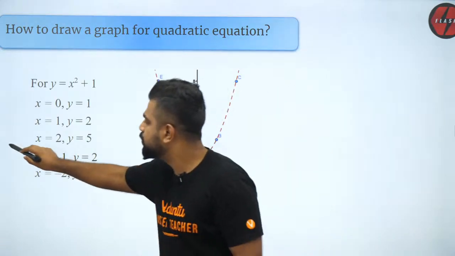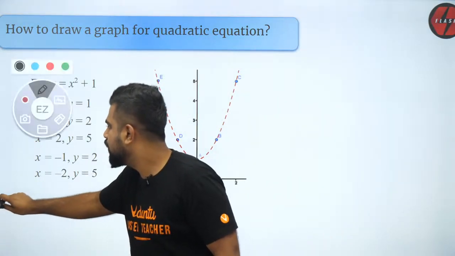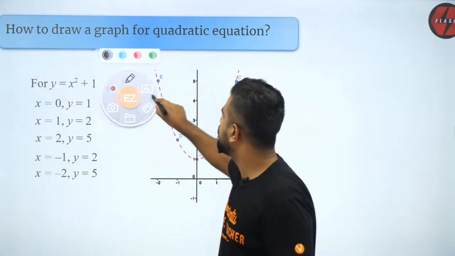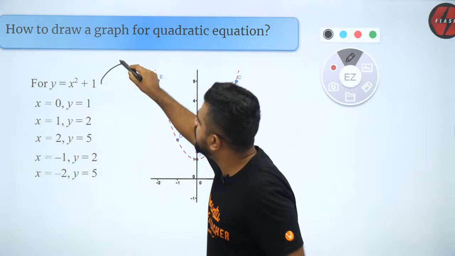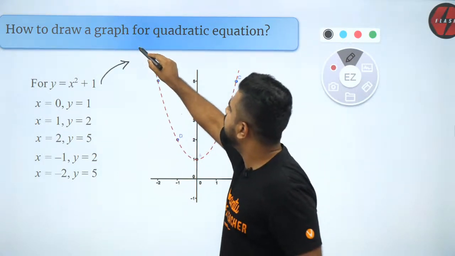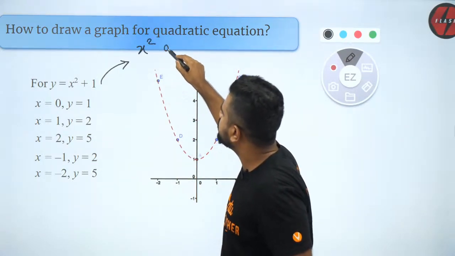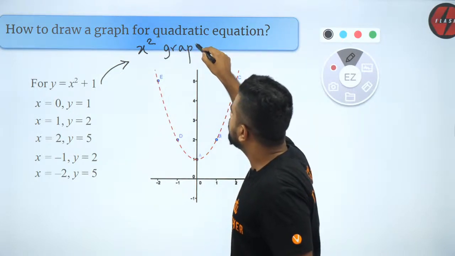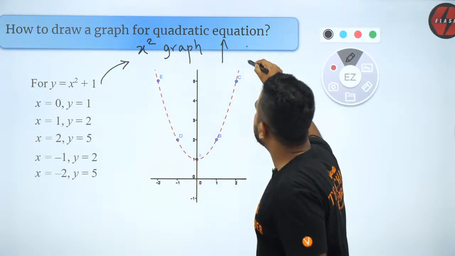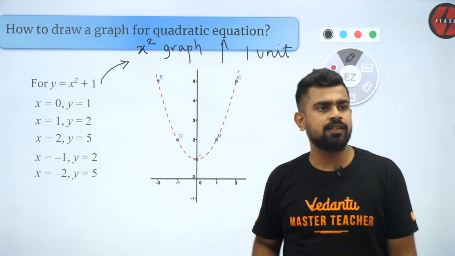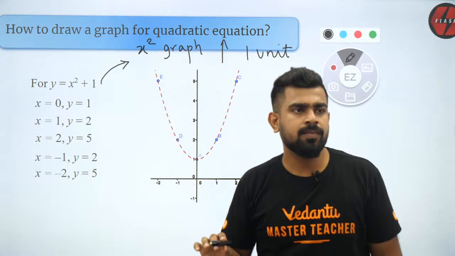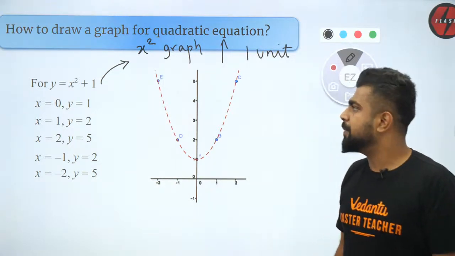I think I switched the slide. So if you look at it, this is y equal to x square, and can I say it is x square graph shifted upwards by 1 unit. Are you all able to see that? Everybody? Brilliant, guys. Amazing.